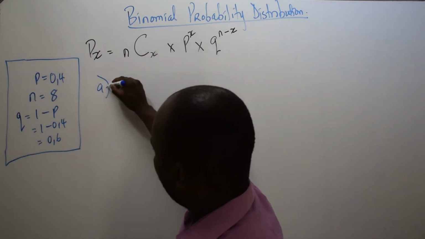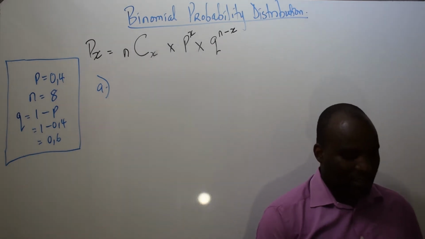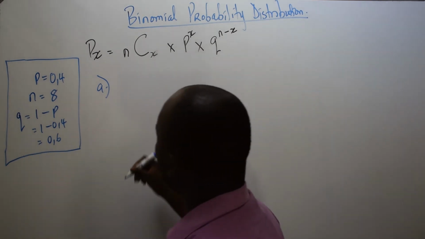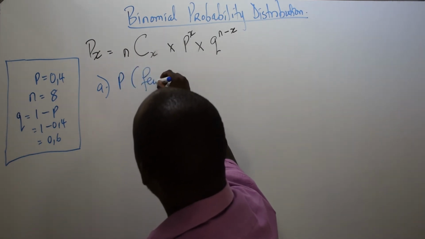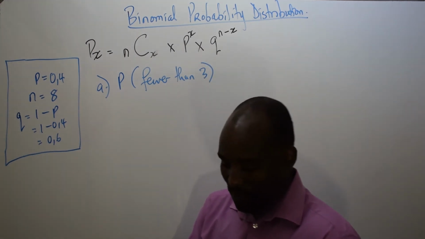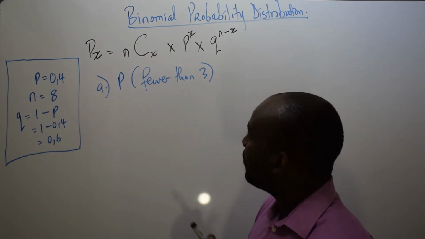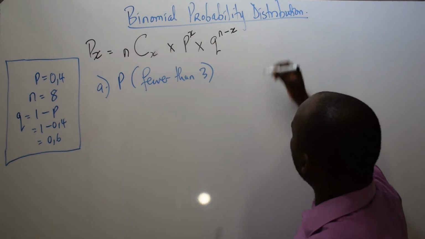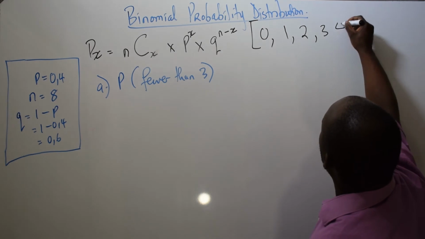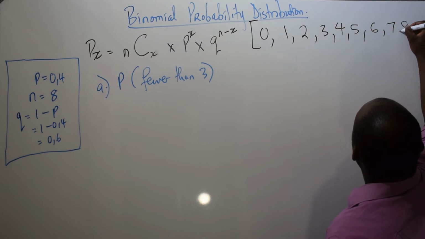But we're going to number the question, and we say A. A requires you to find the probability of making fewer than 3 sales. When we're looking at binomial probability, remember this is a discrete kind of probability. So I would recommend that you write a number line like 0, 1, 2, 3, 4, 5, 6, 7, and 8.